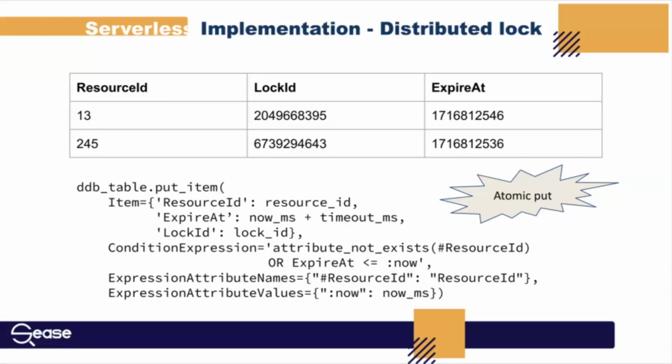It means the Lambda function acquired the lock, but failed for some reason before releasing it. So this resource is going to be blocked forever. That's why the expire at is important. So as you can imagine, to unlock one resource, the function goes there and deletes the record.